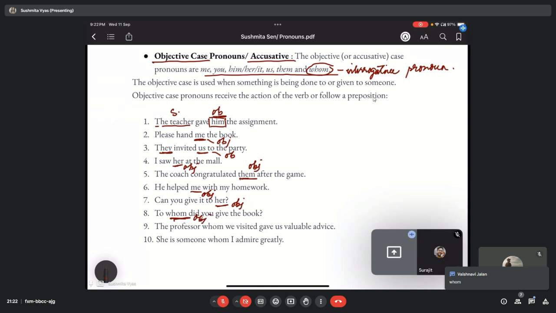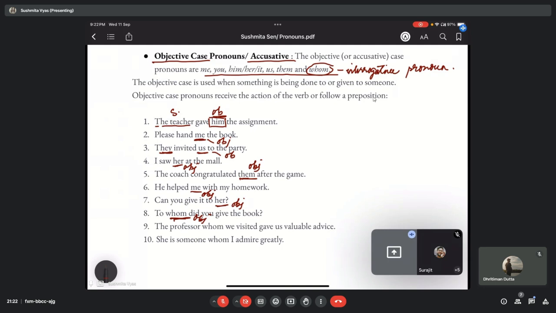Again, the professor whom we visited gave us valuable advice. What is the objective case pronoun here? Anyone?